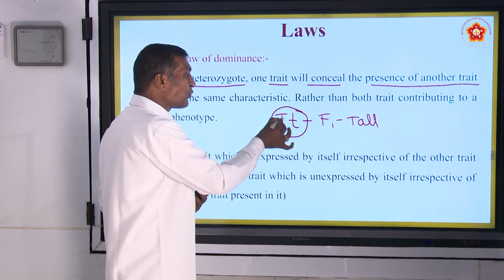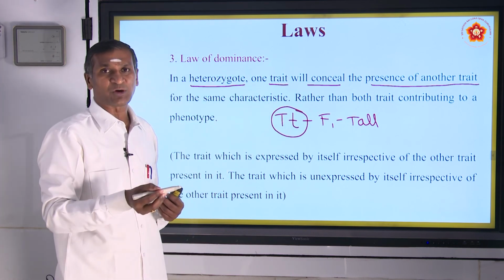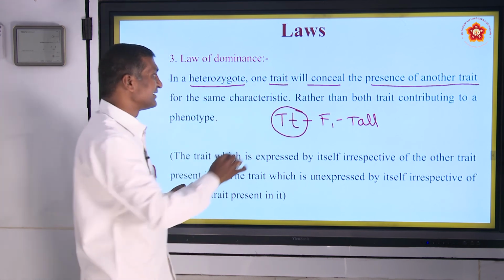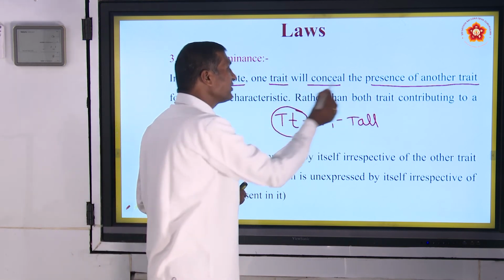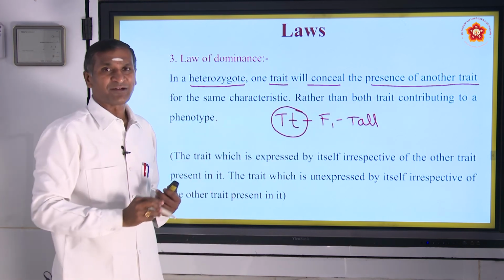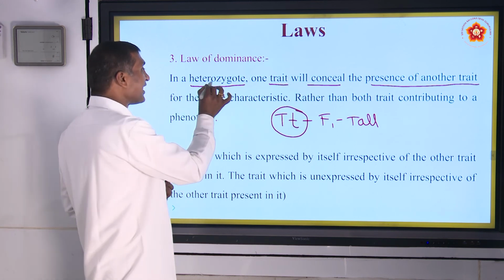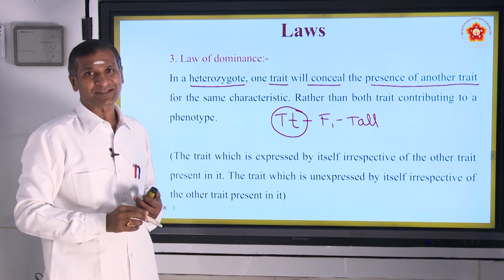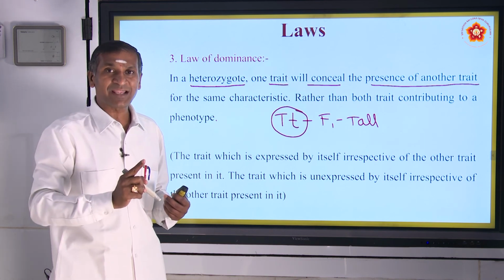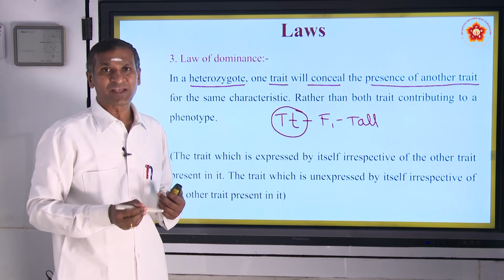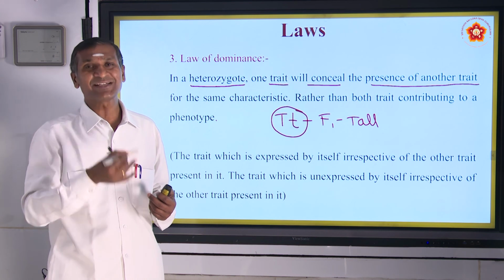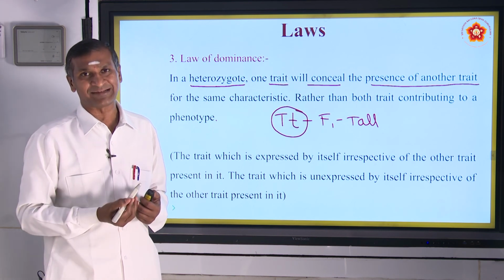In that only one factor was being shown off, the other was hidden, rather than both factors contributing to the phenotype. So, we got only tall plants in the heterozygote.